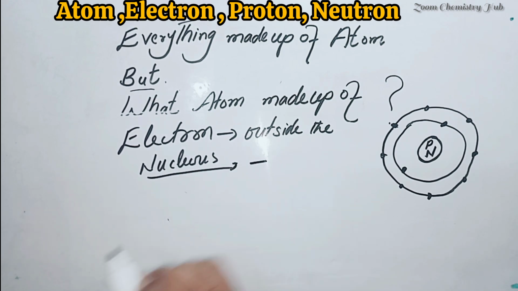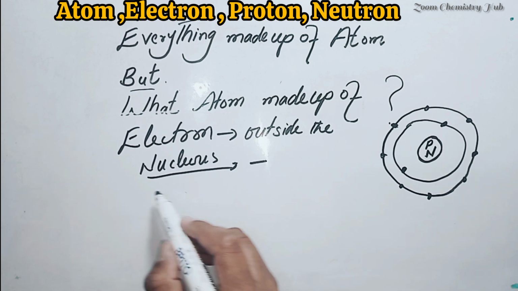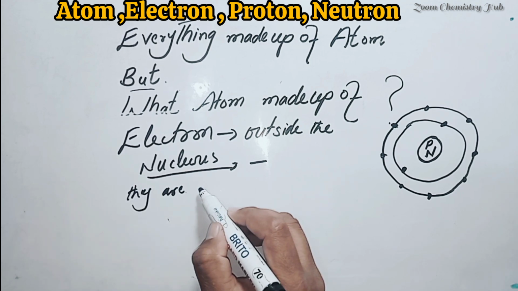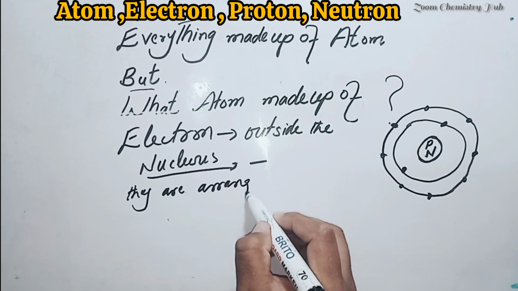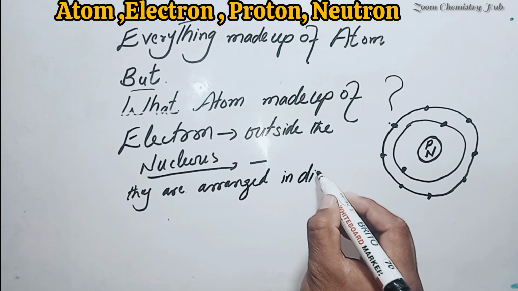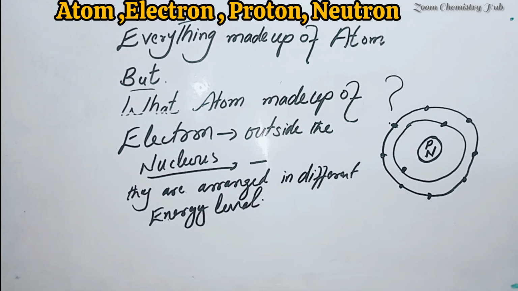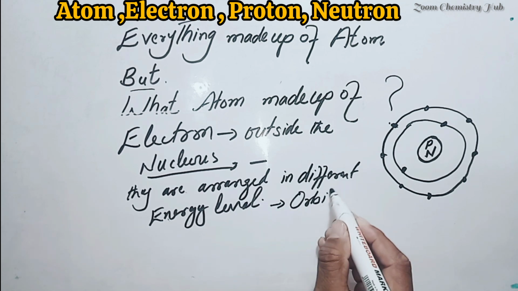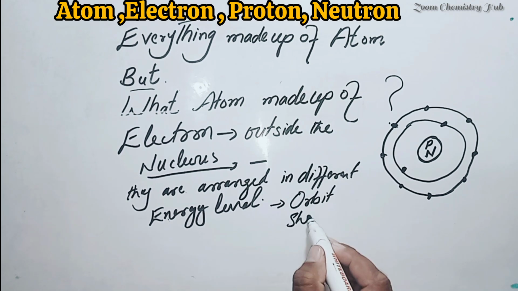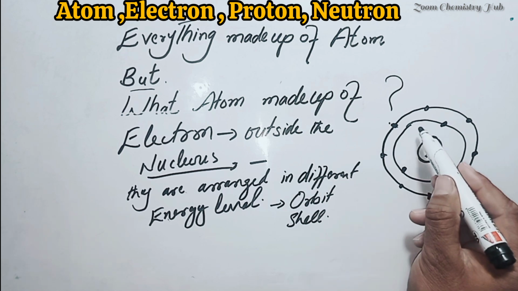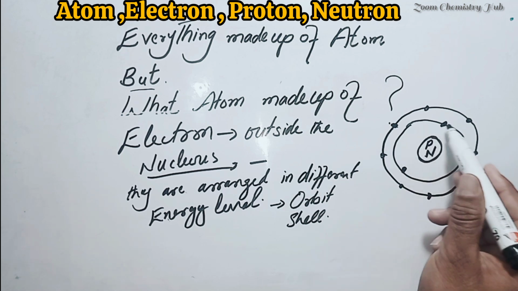Electrons carry a negative charge and they are arranged in different energy levels, and these energy levels are called orbits or shells, and simply they are circular in shape.